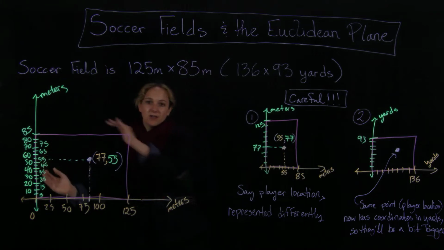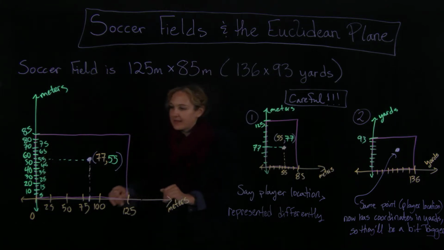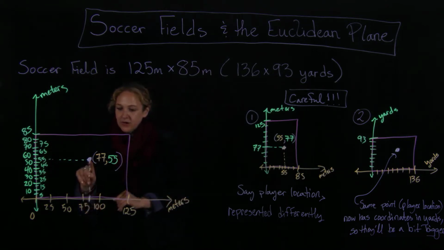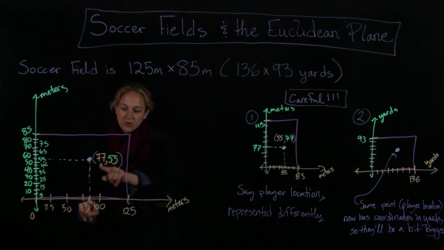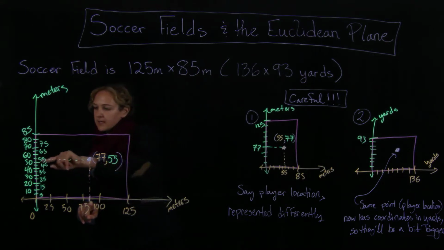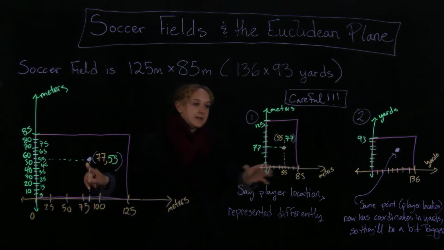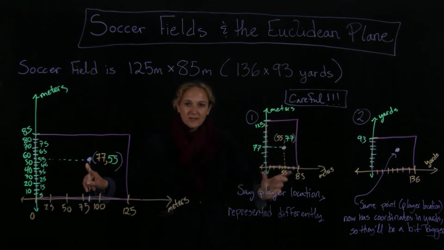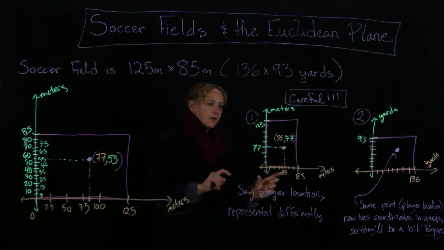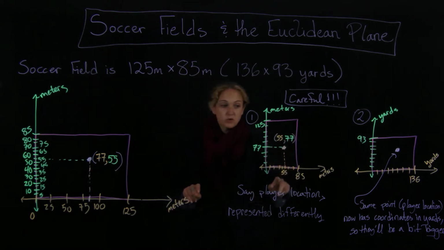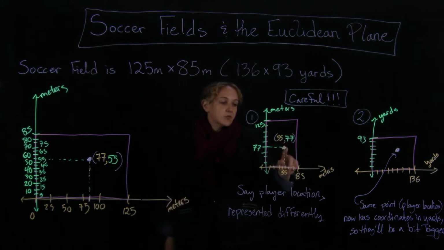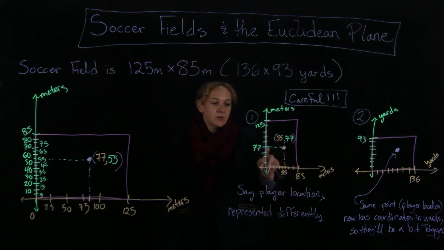If we oriented the field like this, then for this player, we would drop down to here to figure out its first coordinate, and then over to here to figure out its second coordinate. Okay, and then we noticed that if instead the field was oriented like this, then my coordinates are actually swapped. I'm still dropping down to figure out my first coordinate and over to figure out my second.